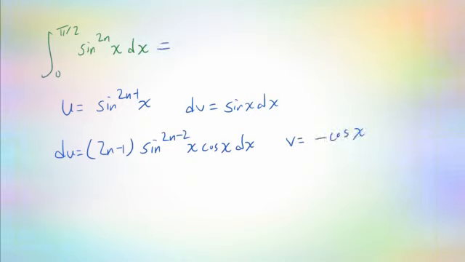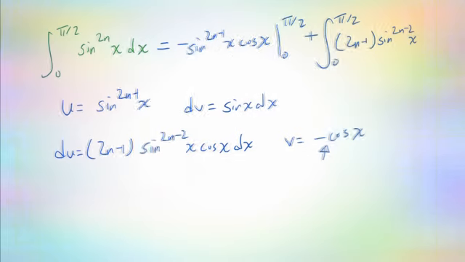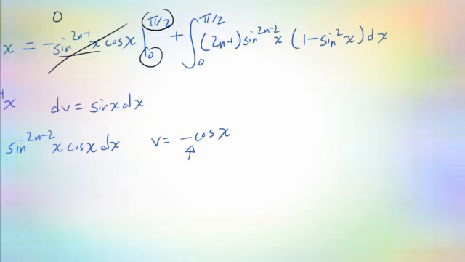So we get that this thing is equal to uv, or sine of x to the 2n minus 1st power times cosine of x times negative 1 from 0 to pi over 2, minus integral of v du, minus minus is plus integral from 0 to pi over 2 of 2n minus 1 times sine of x to the 2n minus 2 power times cosine squared of x, and we are writing cosine squared of x as 1 minus sine squared of x. And of course, this entire boundary term is 0 because cosine of pi over 2 is 0 and the sine of 0 is 0. So that's going to go away.